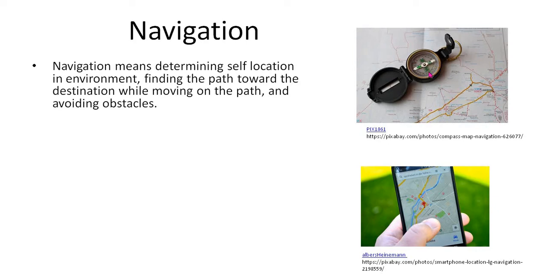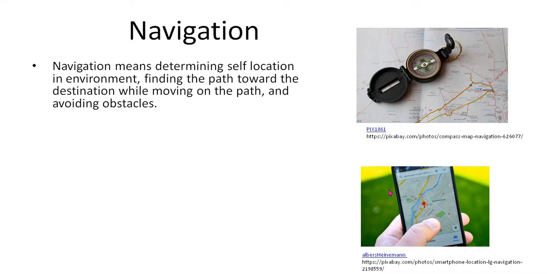And then they use the compass to find the direction of their motion, the direction of their travel. So this is navigation: the ability to locate oneself in the environment or on the map, and then finding a path or direction toward your goal or your destination where you want to go.